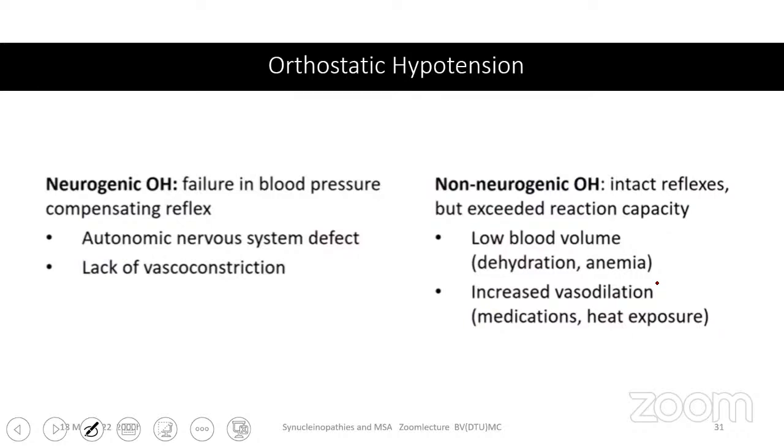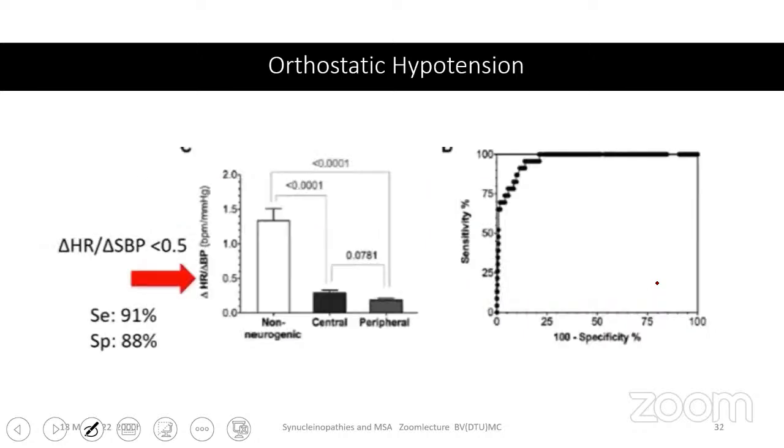But there are other causes, non-neurogenic orthostatic hypotension with intact reflexes, but they exceed reaction capacity, like dehydration, anemia, medications, heat exposure. One has to be very careful to exclude these. So that's why this thing has come up.